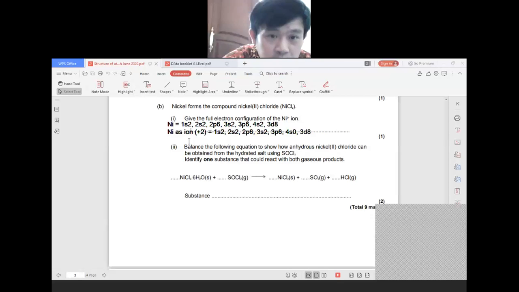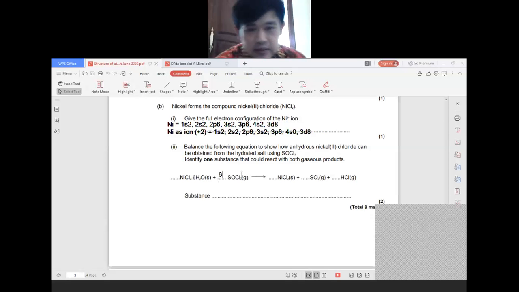The coefficient here, this one is 6, and then for nickel hydrated 1, 6, and then here nickel chloride is 1, here is 6, and then HCl is 12.